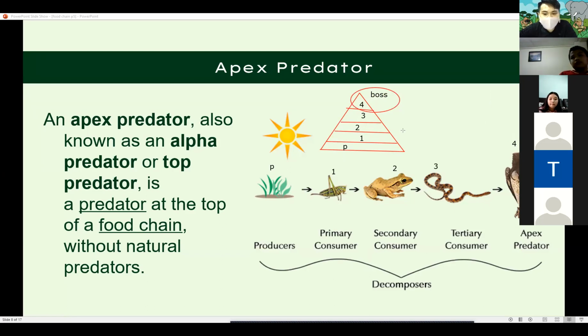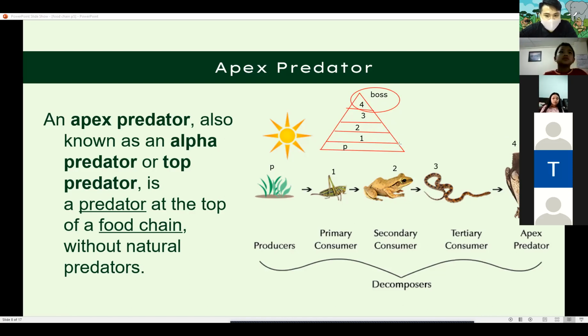Yes. Okay, again, this one, the apex predator can eat tertiary, secondary, and then the primary. Tertiary can eat secondary, primary.